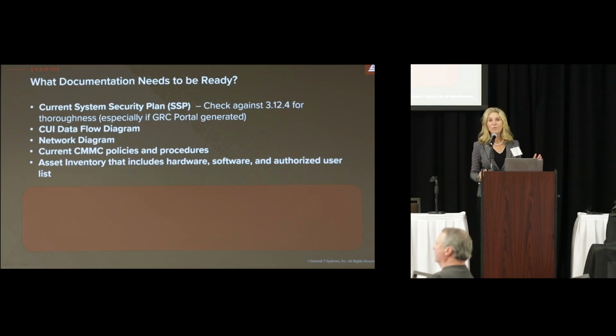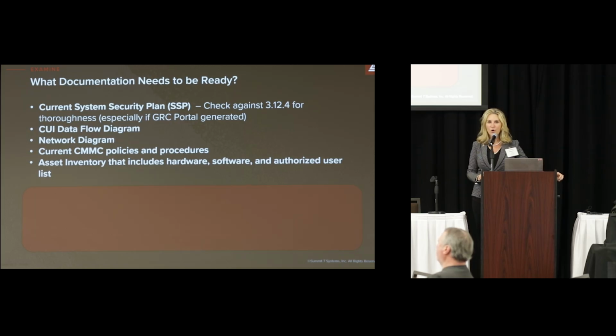It should have a red color block behind it. But the SSP, if you go to 312.4, it will tell you all the contents, everything that needs to be in that SSP. It's not just a description of how you've implemented each control. It has to have a CUI data flow diagram, a network diagram, making sure that you've outlined what types of asset categories you have.